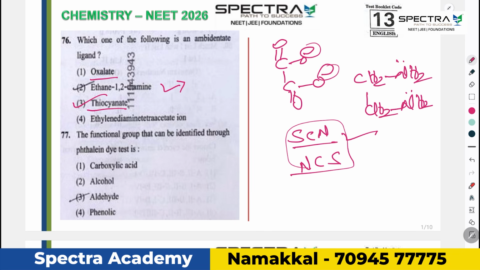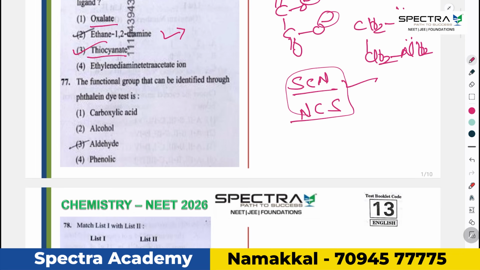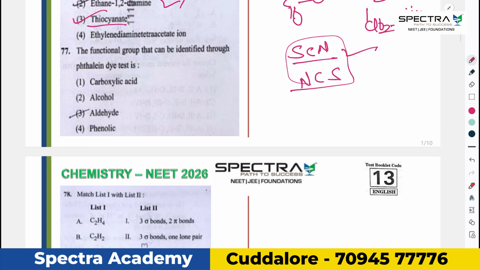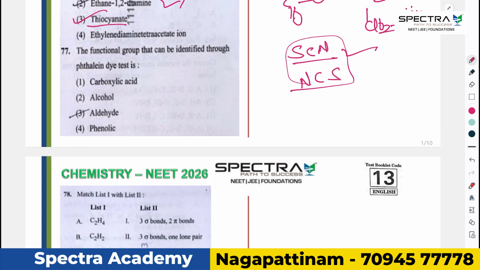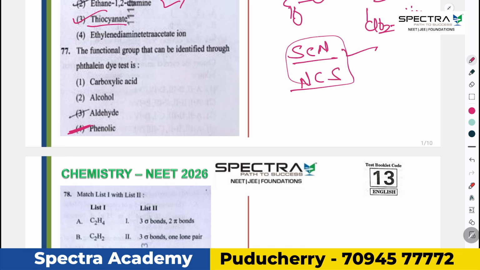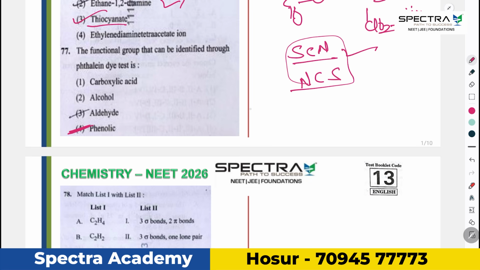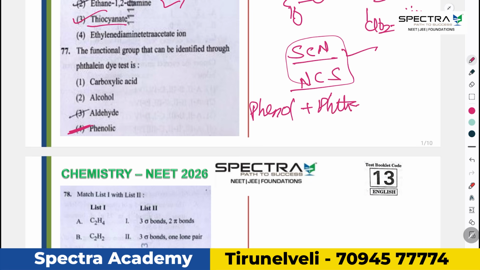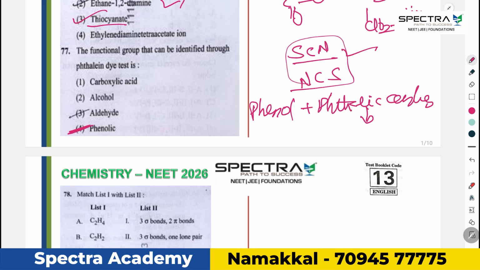Question number 77. The functional group that can be identified through the phthalein dye test. So it is very easy. You can see that phenol will give the test. Not aldehyde, it is phenol. The phenolic group will give the test because phenol will react with phthalic anhydride, that gives phenolphthalein.